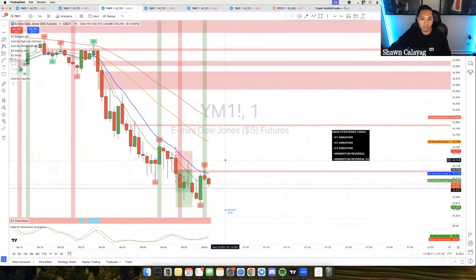All right, so we have another buy signal here. It's going to set up for another momentum reversal possibly. So I'm going to be looking for that inside candle again.